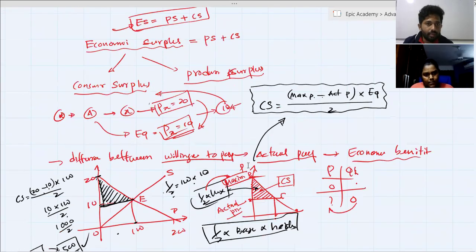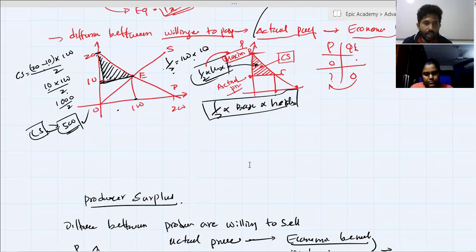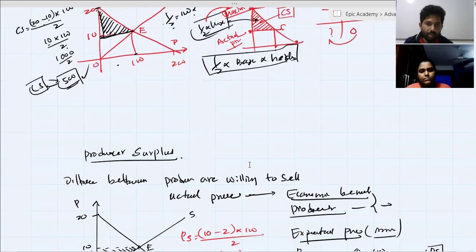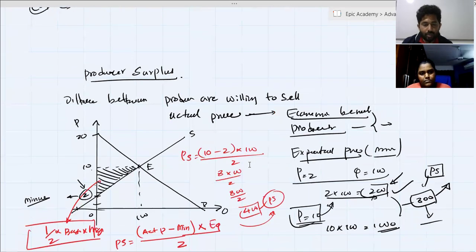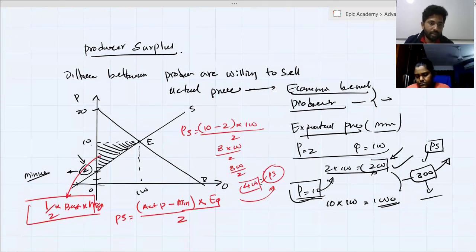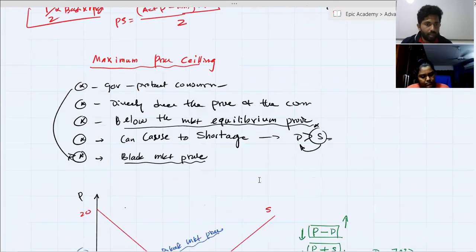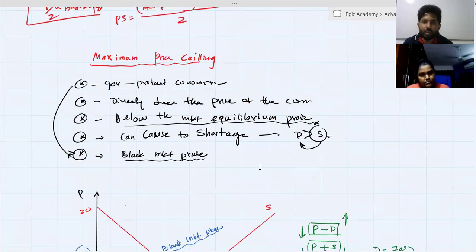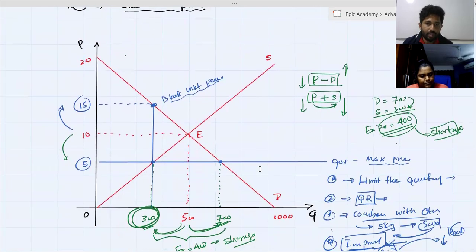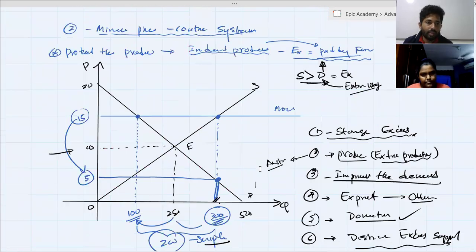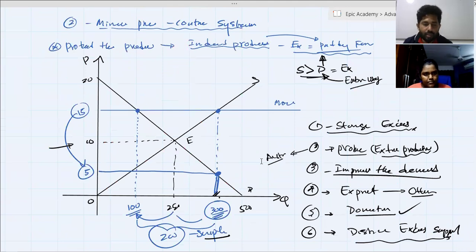And then we identified the economic surplus, especially producer surplus and consumer surplus, and how we can calculate the economic surplus, producer surplus, and consumer surplus by using mathematical ways. And other things, government intervention in the market. First one is the maximum price ceiling and the activities and the expectations. And second one is minimum price control related to government intervention. And next day we can discuss the tax.